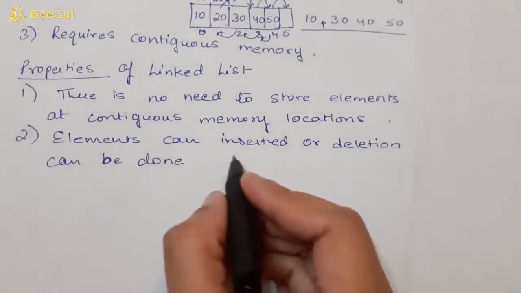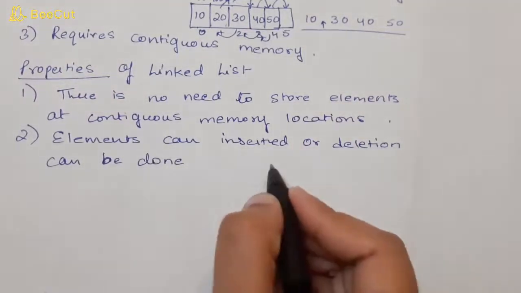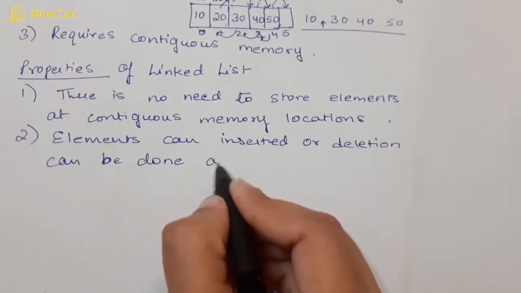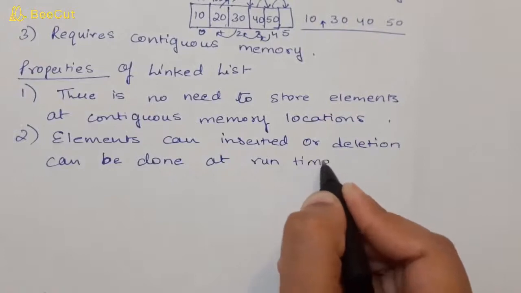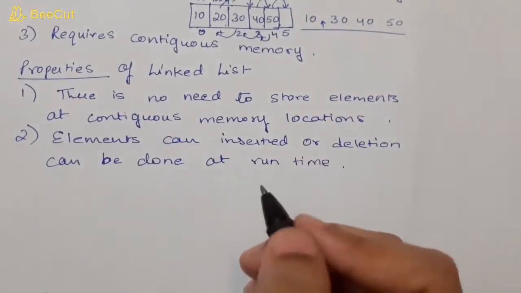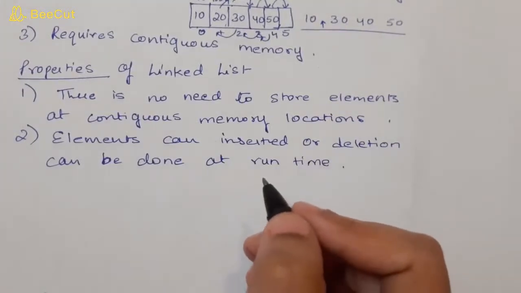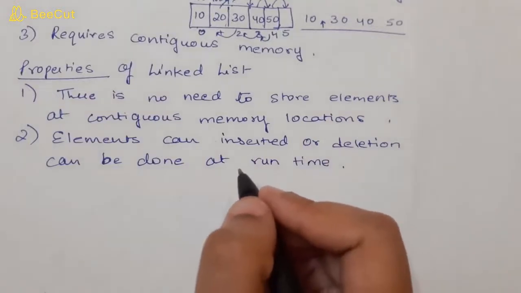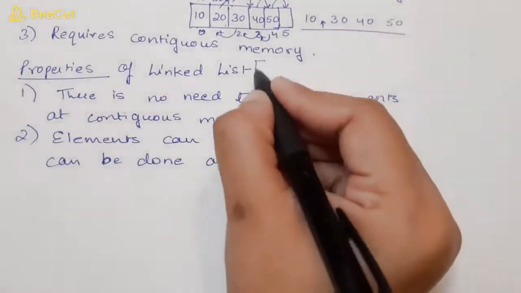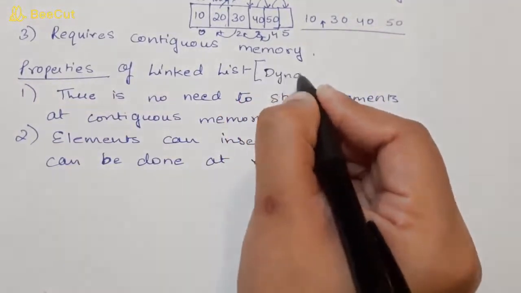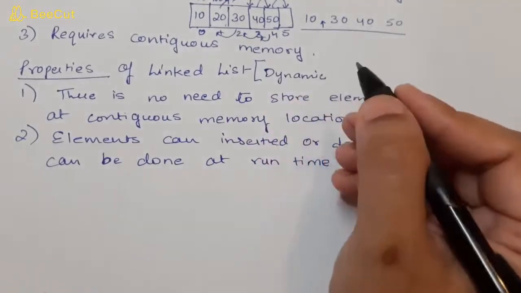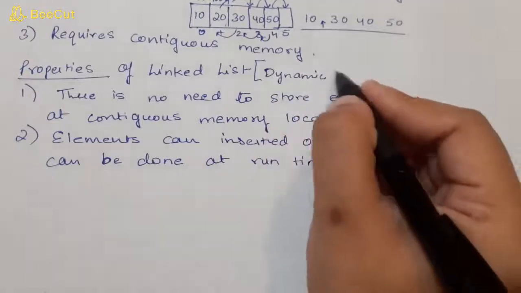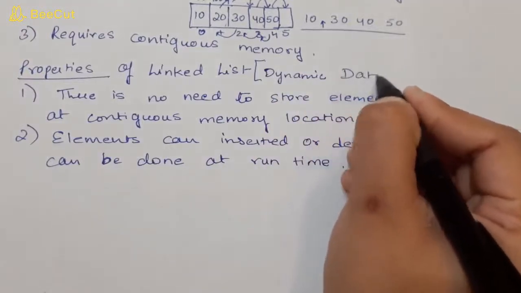At the time of execution you can insert elements or delete elements. So that's why we call linked list a dynamic data structure.